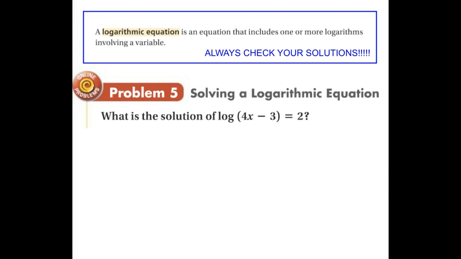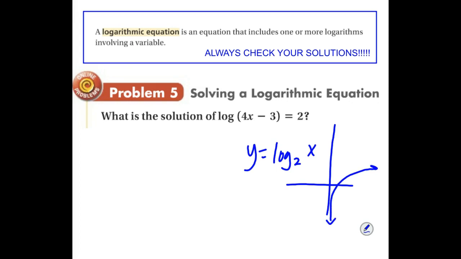A logarithmic equation is an equation that includes one or more logarithms that involve a variable. It is important to check our solutions. Do you remember when we graphed logs? Remember what shape they were? We ended up with pictures like this.